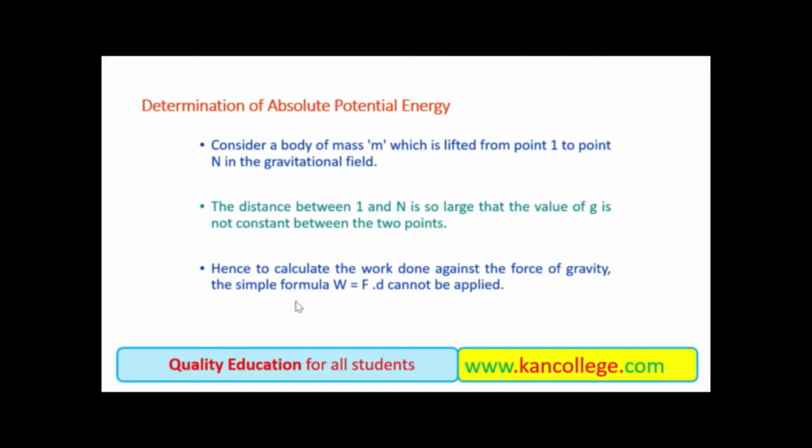To calculate the work done against the force of gravity, the simple formula W is equal to F dot D cannot be applied, as the force of gravity, because of the attraction of the earth, is not constant throughout the distance between first and end point.